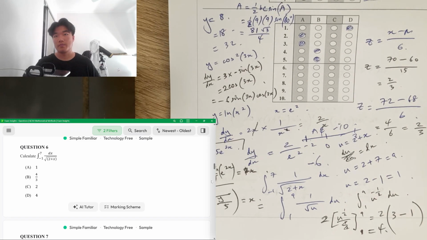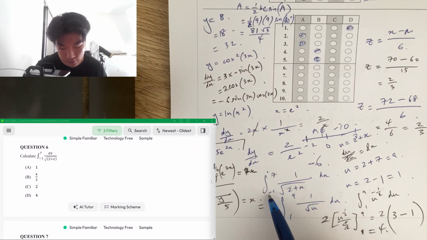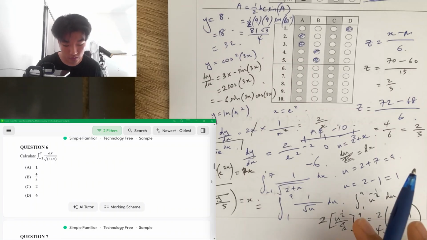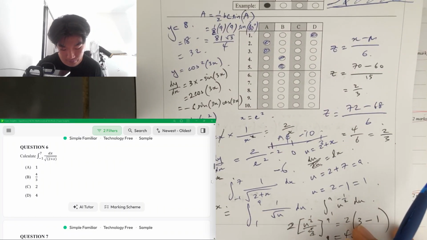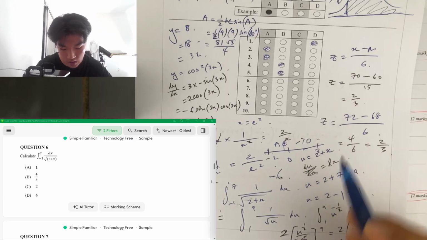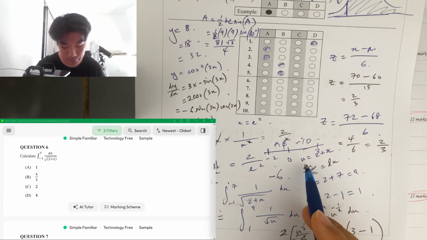Okay, integral question. The bounds are from negative 1 to 7, and we're integrating 1 over square root of 2 plus x. We can use u substitution. We let whatever's inside the square root equal u.